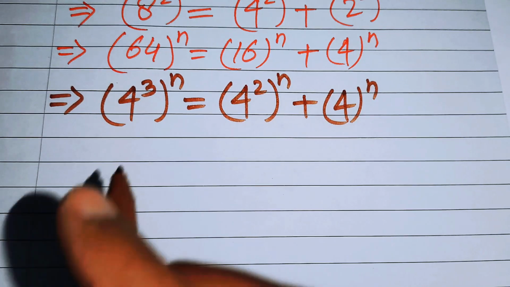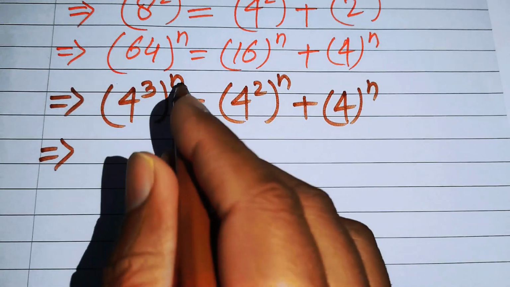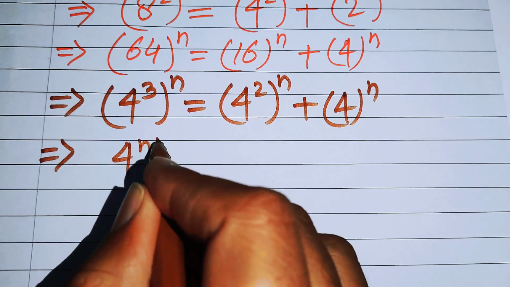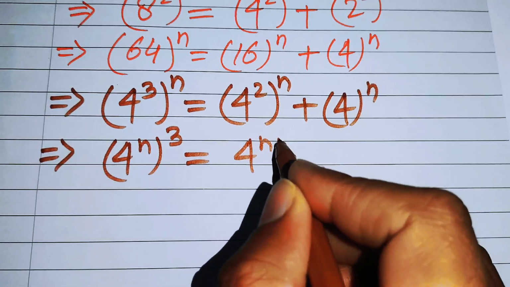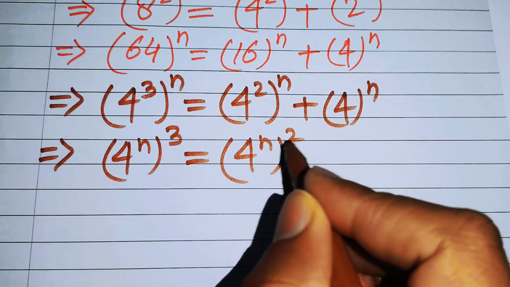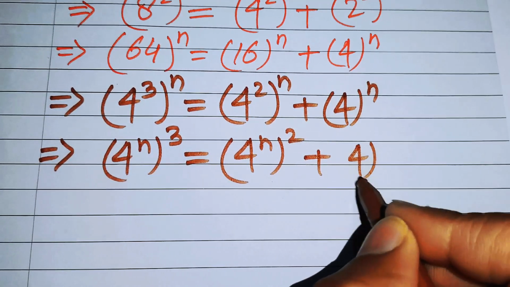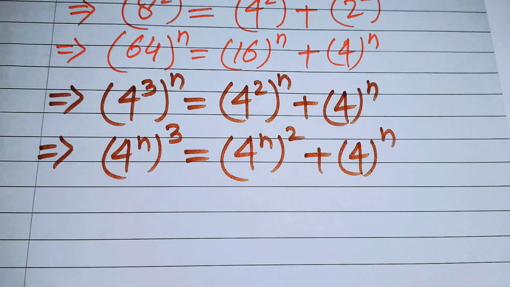Now in the next step we again interchange these exponents, and we write it as 4 to the power of n and its whole cubed equals 4 to the power of n and its whole square plus 4 to the power of n.